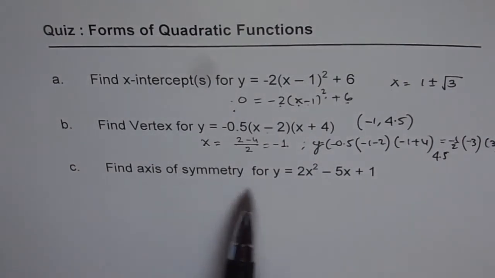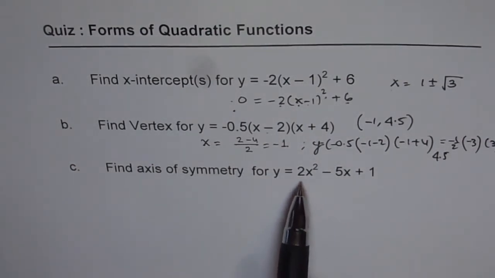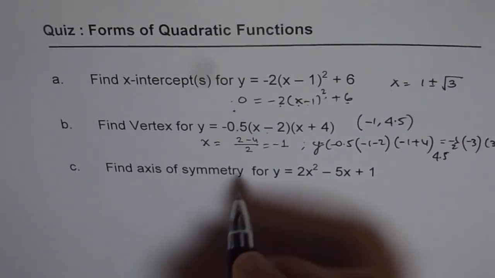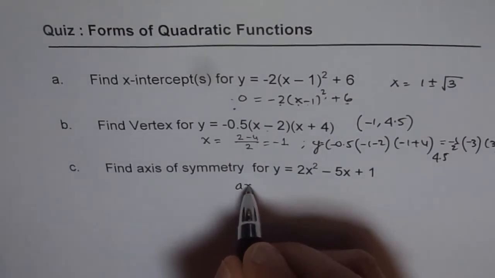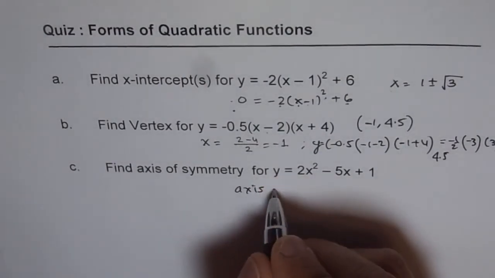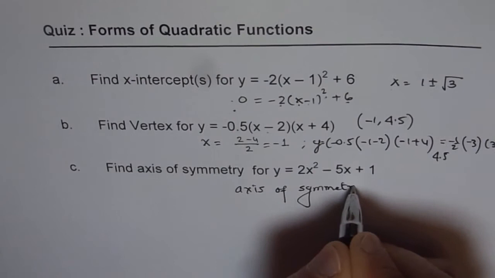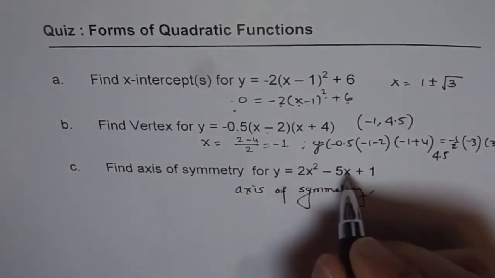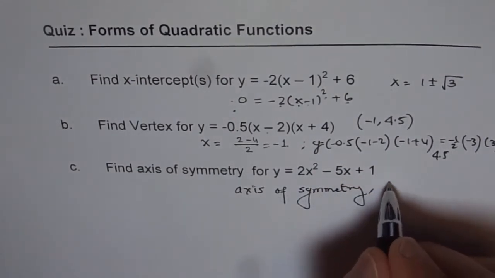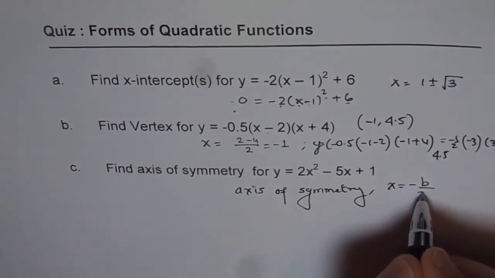The last one is the axis of symmetry. If you are given an equation in standard form, then you can find the axis of symmetry by minus b over 2a. This is a good way of doing it. The axis of symmetry will always be at x equals minus b over 2a.